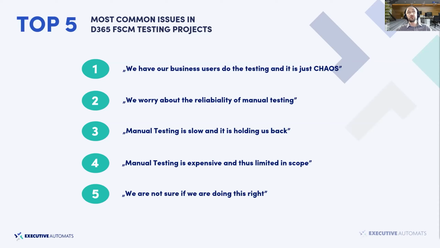And what is the solution to these common issues that we propose? We believe this is automated testing, because even if you are testing with your business users and not having a dedicated QA team, if you automate these 500 test cases, then you will only have to do that once.